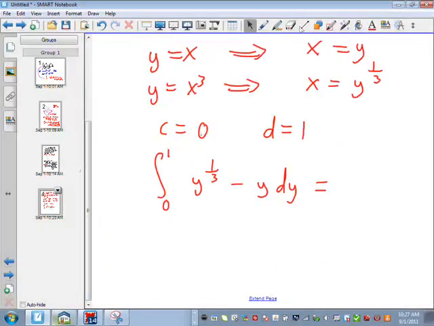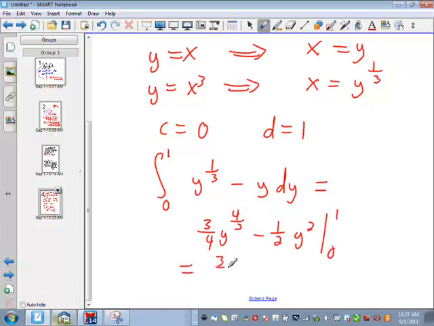We get 1/4. This is equal to, adding 1 to the power and dividing, 3/4 y to the 4/3 minus 1/2 y squared, evaluated from 0 to 1.